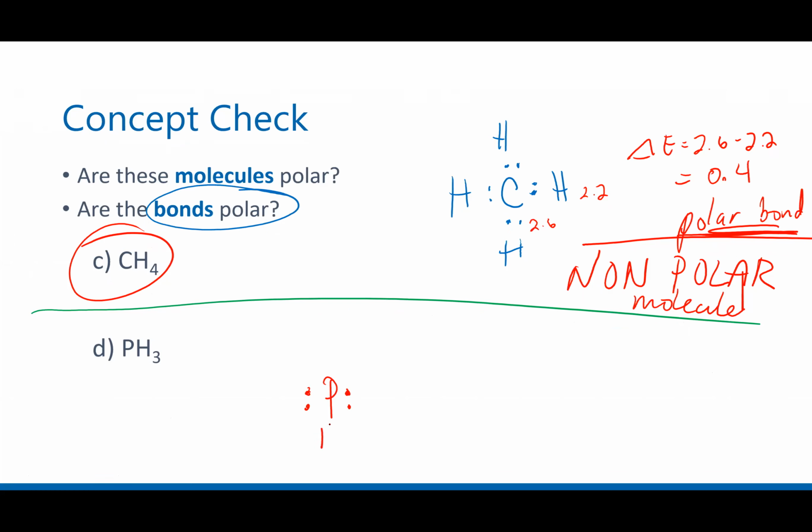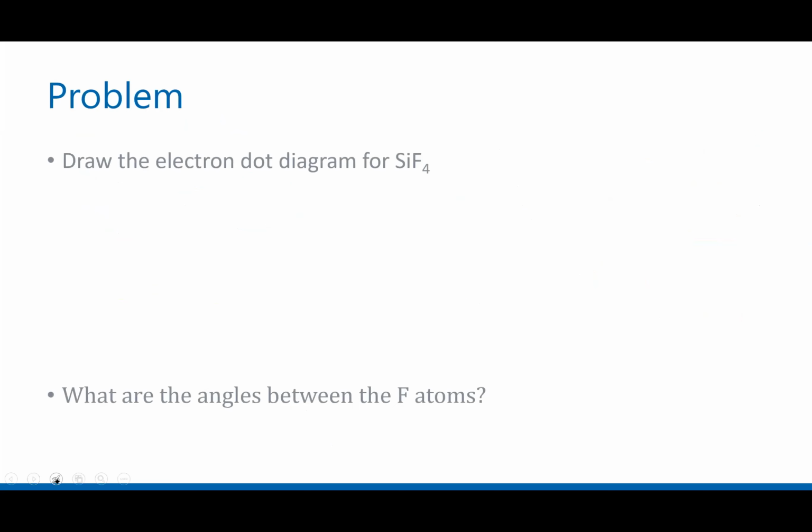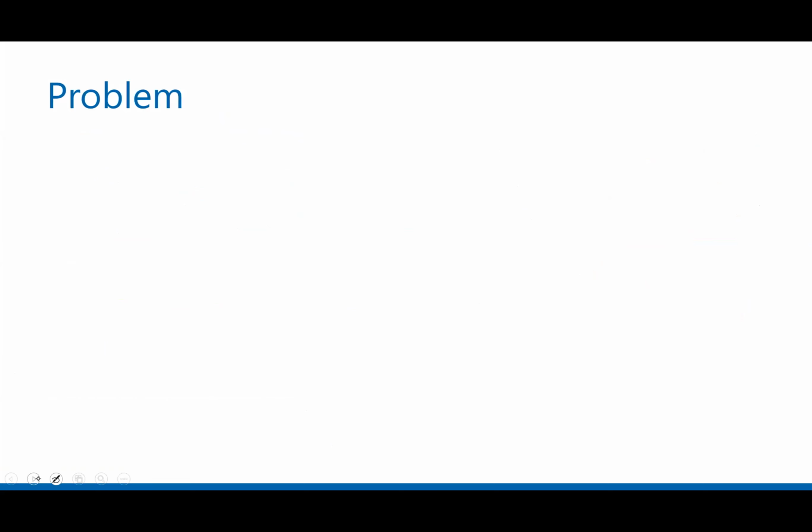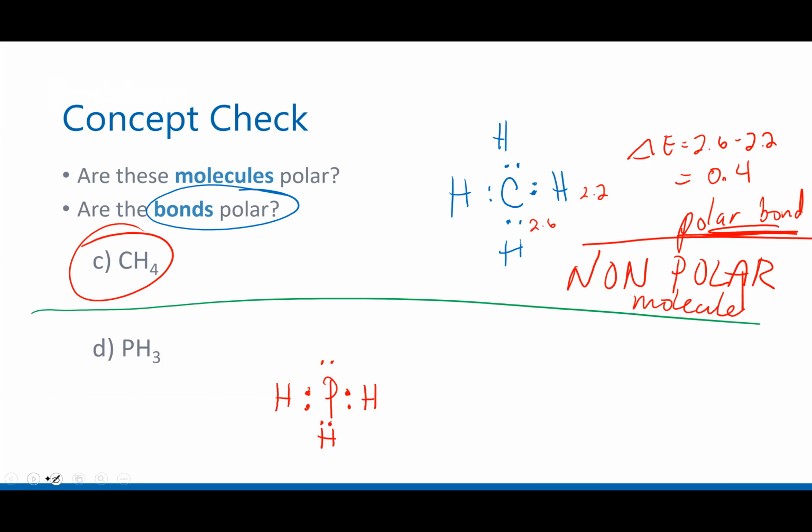PH3 would look like this. All right, there's PH3. Sorry guys. I'm going to write my electronegativity down. So 2.2 and also 2.2.